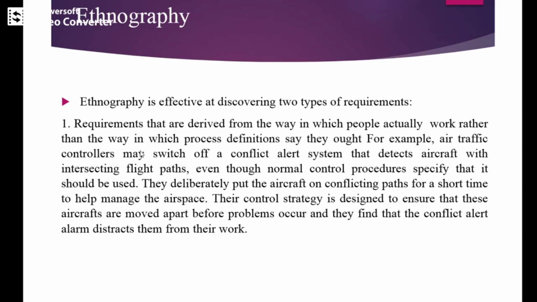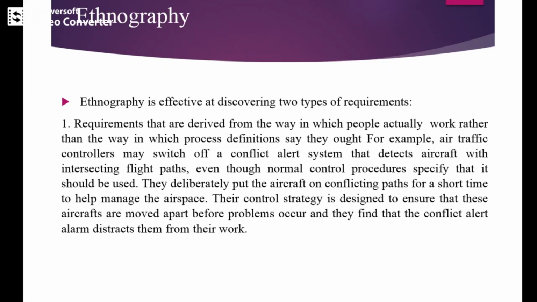For example, air traffic controllers may switch off a conflict alert system that detects aircraft with intersecting flight paths, even though normal control procedures specify that it should be used. They deliberately put the aircraft on conflicting paths for a short time to help manage the airspace.